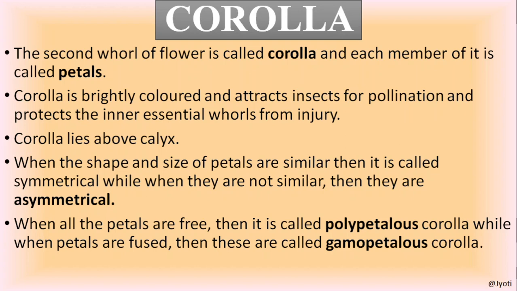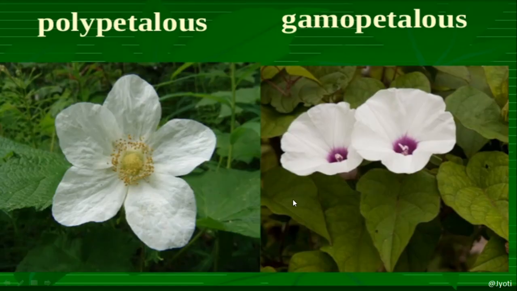Similarly to the calyx, if the petals are free, then that is known as polypetalous. If the petals are fused, then that is known as gamopetalous. Here you can see the petals are not fused. They are free, not attached to one another. So this is called free petals, that is polypetalous.